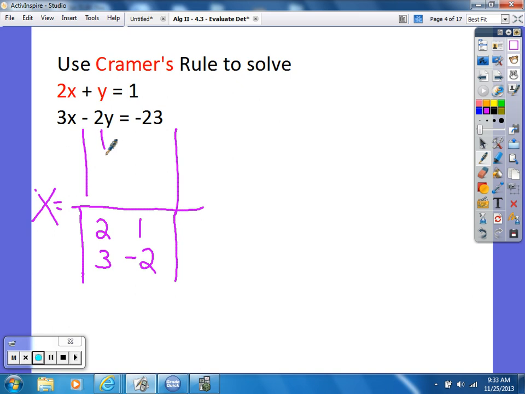So I'm going to replace the X column, because that's what I'm looking for, with the answer column. 1 and negative 23. Now this column over here stays exactly the same. I do not replace it, I just keep it exactly how it was. So 1 and negative 2. So then write yourself a note on how you filled in these top matrices.